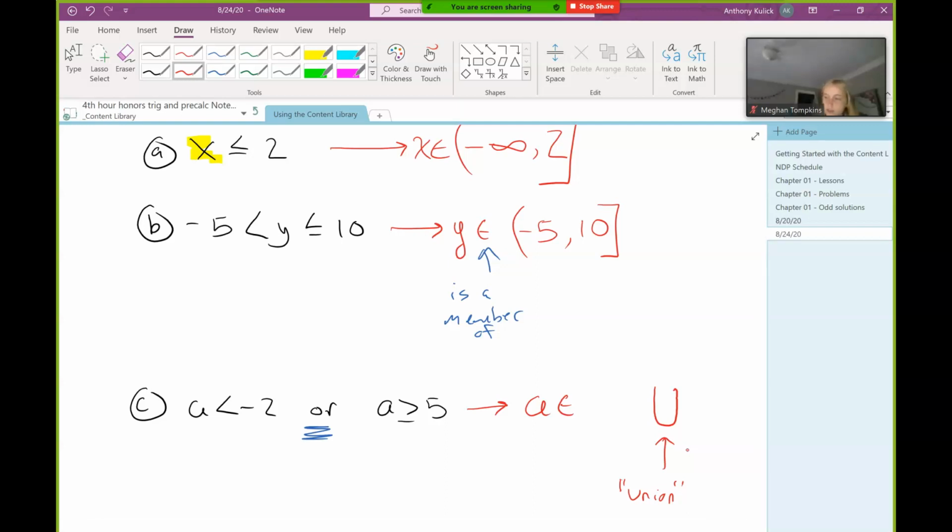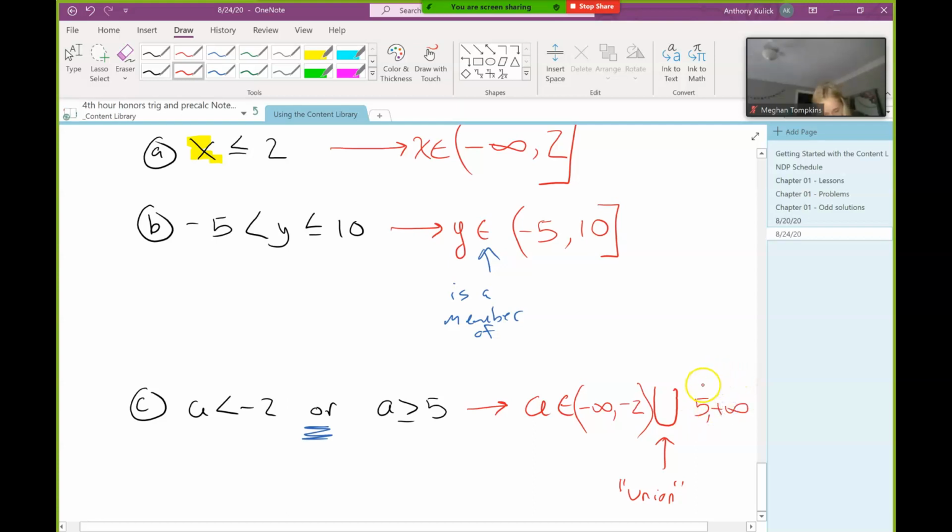Anyways, all right, so let's look at the first inequality. The lower bound is -infinity, and the upper bound is -2. The -infinity gets a parenthesis, the -2 gets a parenthesis. Very good. A is greater than or equal to 5. The lower bound is 5. And the upper bound? Positive infinity.